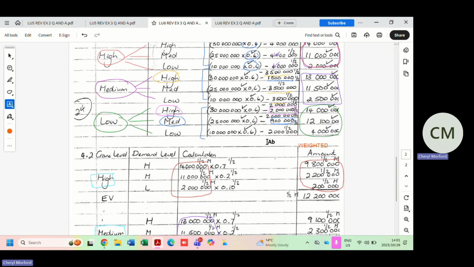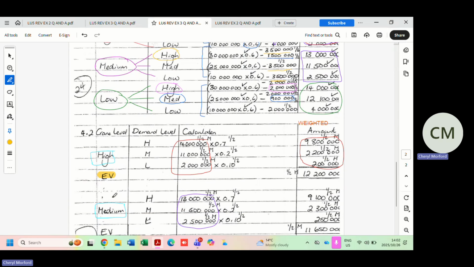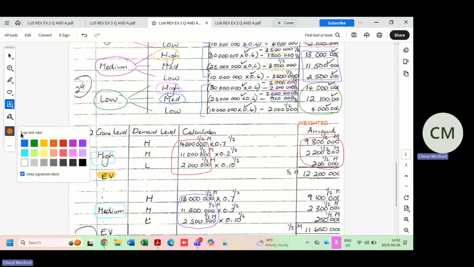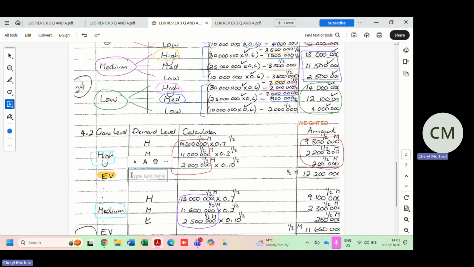Then let's work out the expected value, because after all, this is the purpose of this question. We are going to do this. Work out the expected value, which is the sum of the weighted values. Let me type that in for you in case you missed that. Expected value is the sum of the weighted values, let's say, in each outcome.